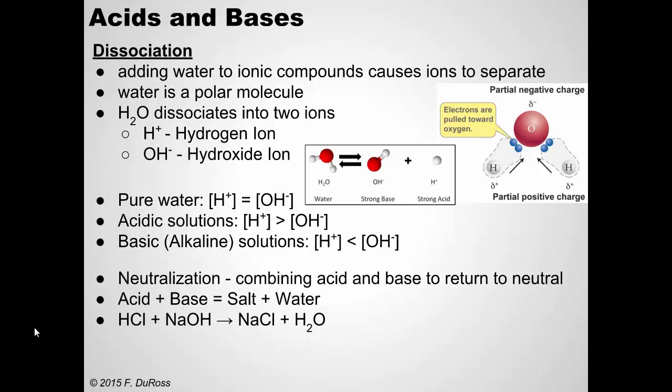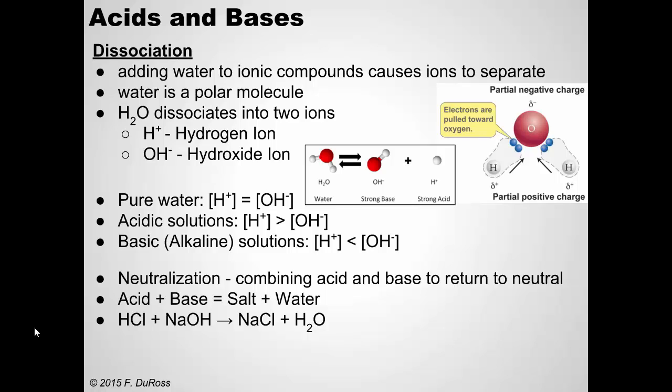When we have a solution that is acidic, there are more hydrogen ions than hydroxide. When we have a solution that is basic, also called alkaline, then the hydroxide ions are greater than the hydrogen ions. When we talk about acidity, we're really focusing on the hydrogen ions. Something very acidic has a high concentration of hydrogen ions. Something that's very basic has a very low concentration.